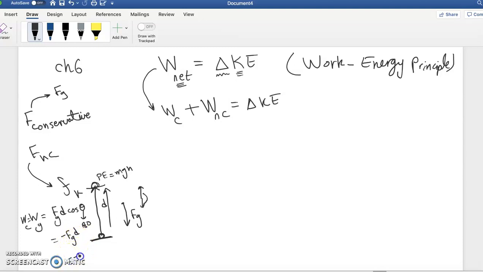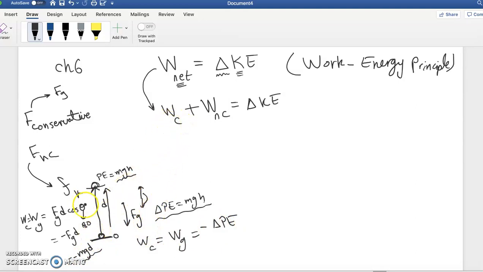It is minus mg times d, which is the negative of the potential energy difference. If the initial potential energy is 0, then delta PE is mgh, right? So the work due to the conservative force, which is the work due to gravity, is minus delta PE, because delta PE is mgh, and this is minus mgd, which is the h basically. It's minus because we are going against gravity.